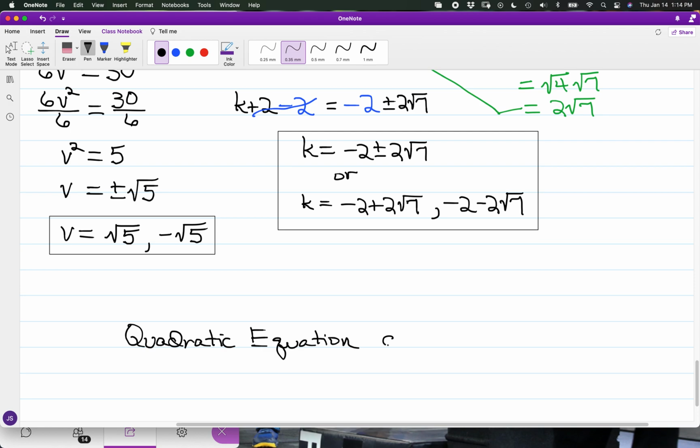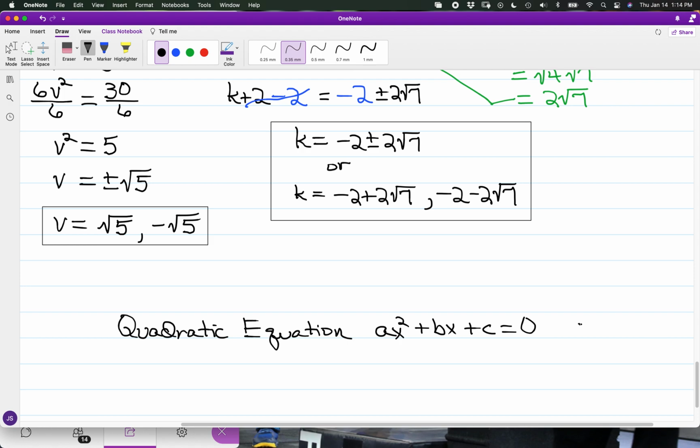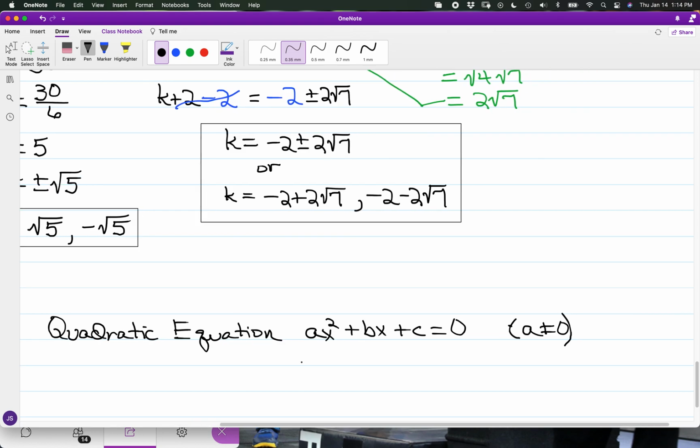Again, we had the standard form ax squared plus bx plus c is equal to 0, whereupon a does not equal 0. And again, just for the same coefficients, now we have the quadratic formula.